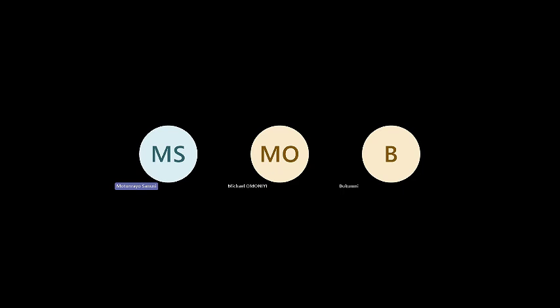So now, when we talk about types of database, basically there are two types of database. There is SQL. SQL stands for Structured Query Language, and there is NoSQL.